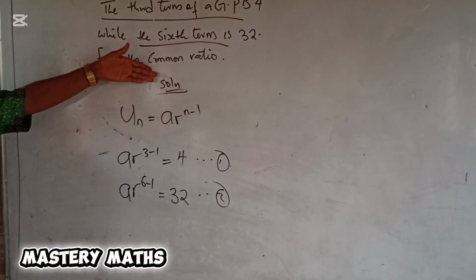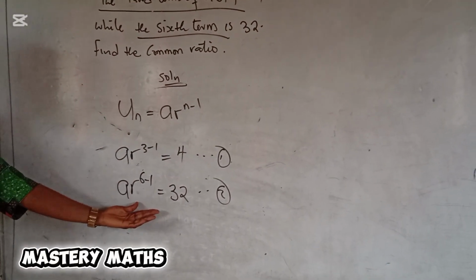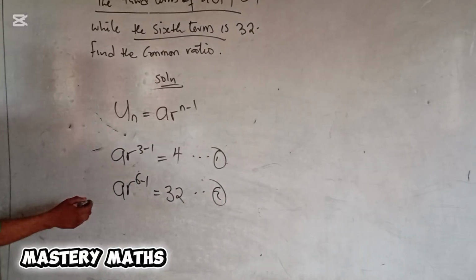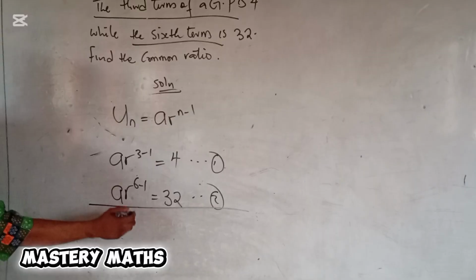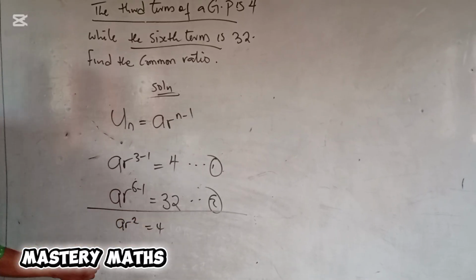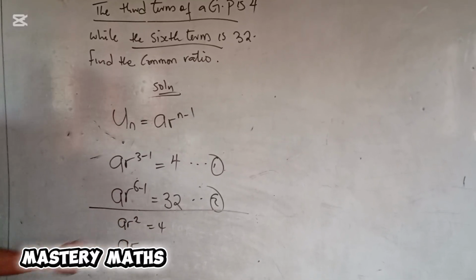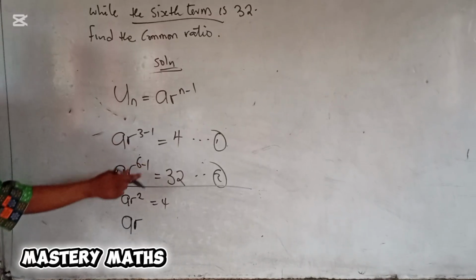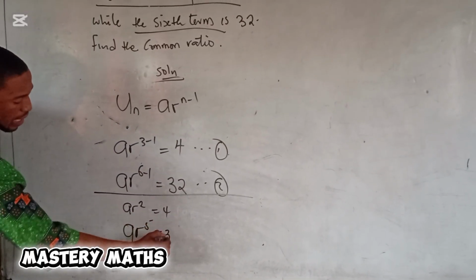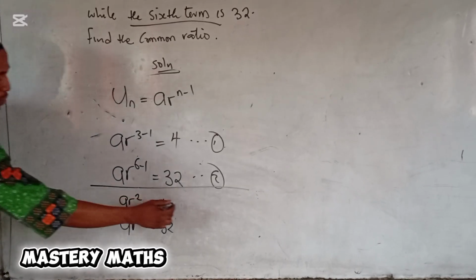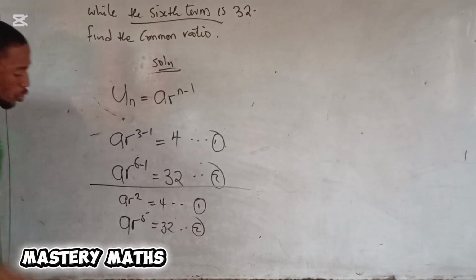Everything written on the board, we've brought to these equations. Let's simplify: AR raised to the power of 3 minus 1, which is 2, equals 4, and AR raised to the power of 6 minus 1, which is 5, equals 32. These are equation 1 and equation 2.